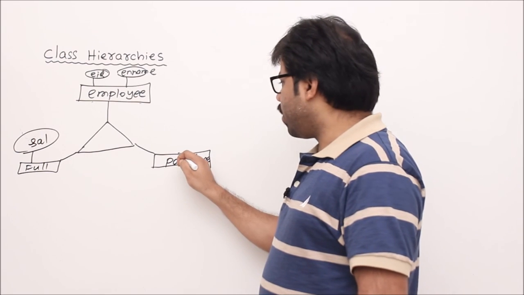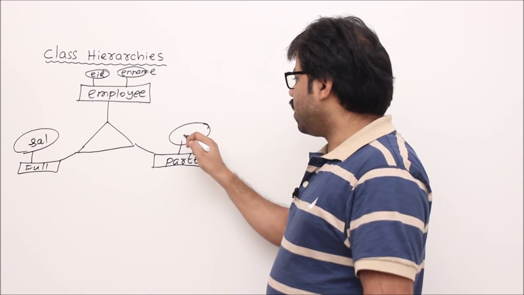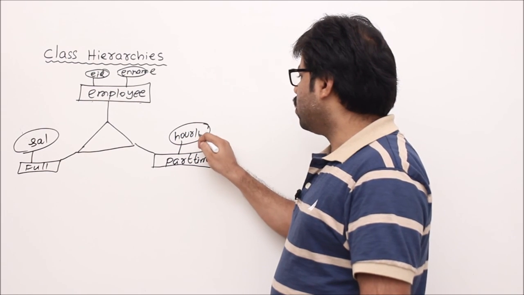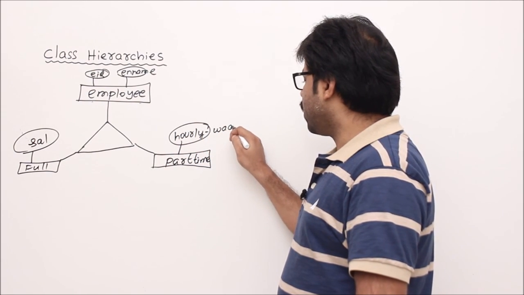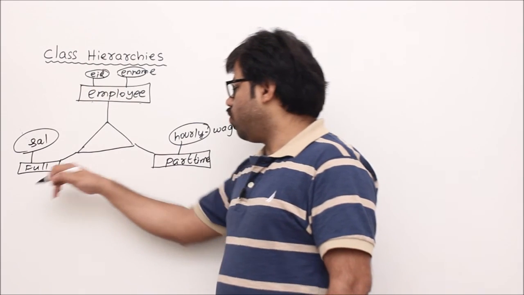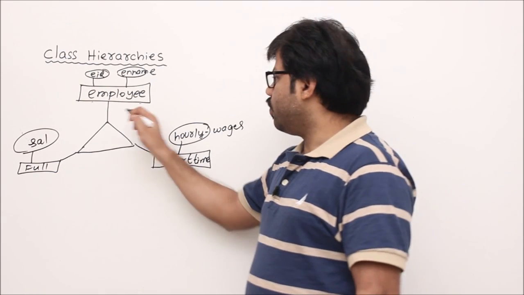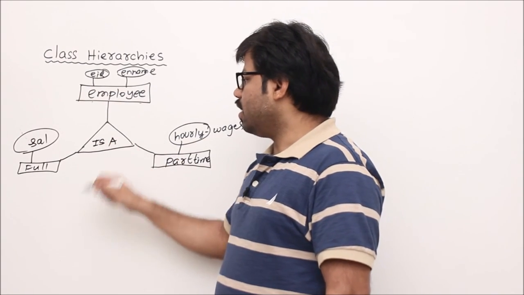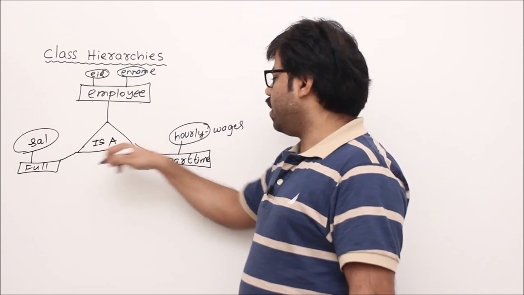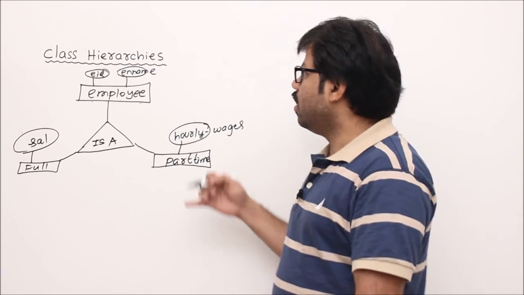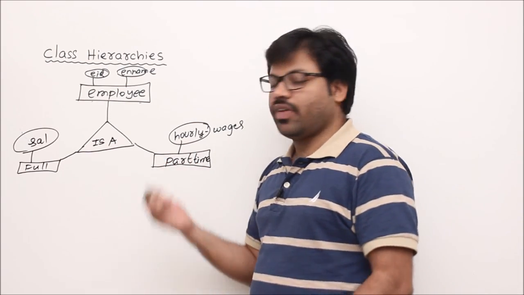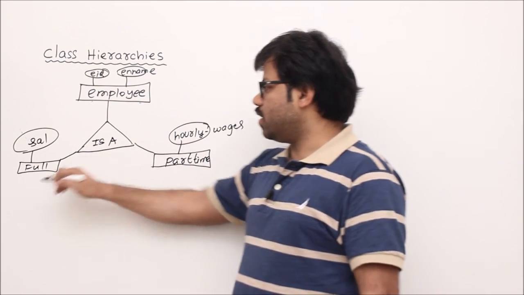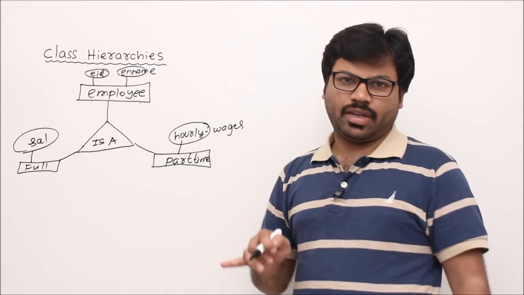Every part-time employee will usually have wages, otherwise hourly salary, so hourly wages. In that way we can differentiate full and part-time. We write the hierarchy name: employee is a full-time employee, employee is a part-time employee. This is called hierarchical classification, otherwise class hierarchy. Here employees are finally specialized into full-time and part-time.